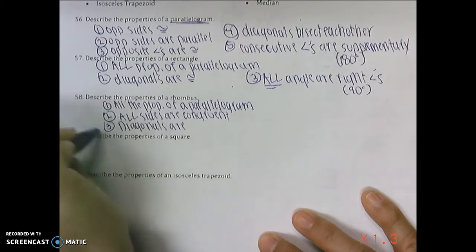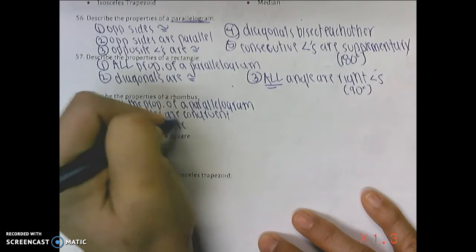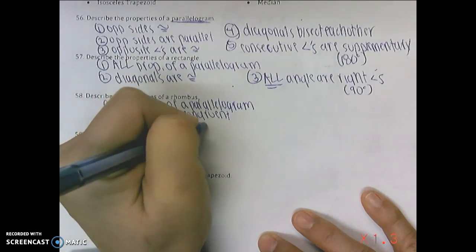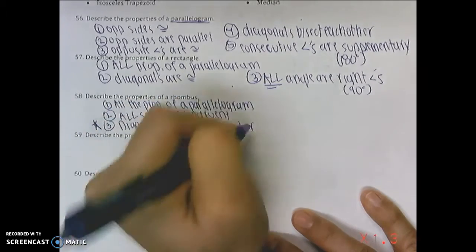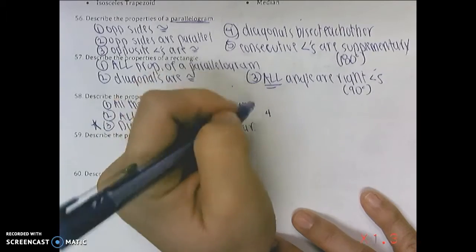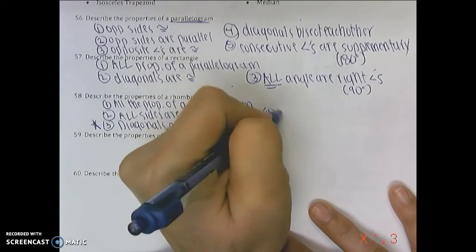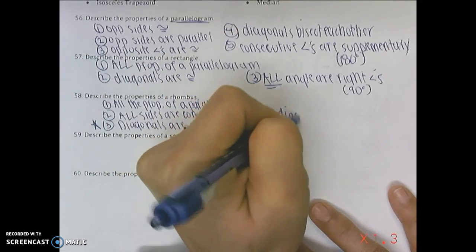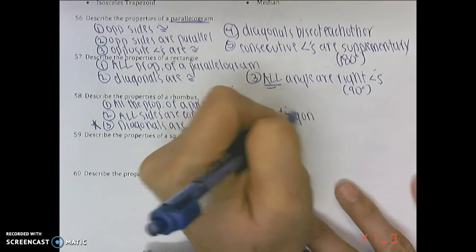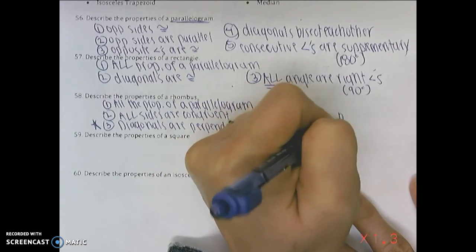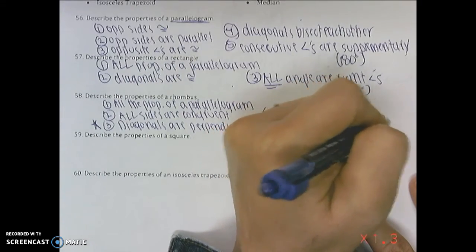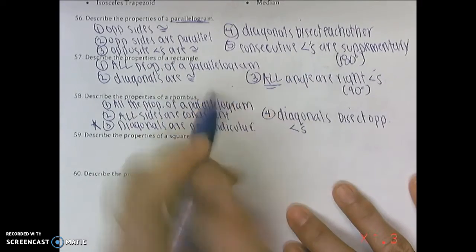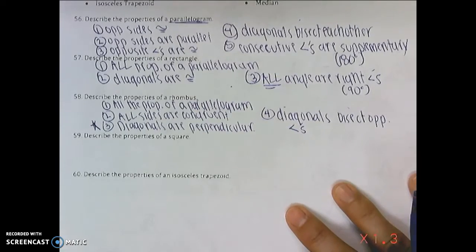You guys forget this one a lot, so don't forget it. Diagonals are perpendicular. The fourth one is that the diagonals bisect opposite angles, meaning it cuts them in half. So that is the properties of a rhombus.